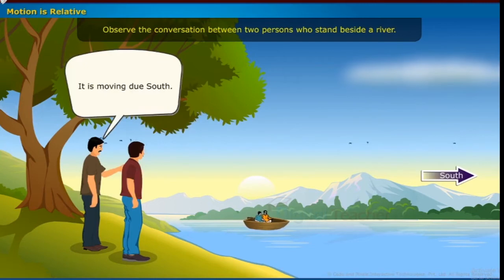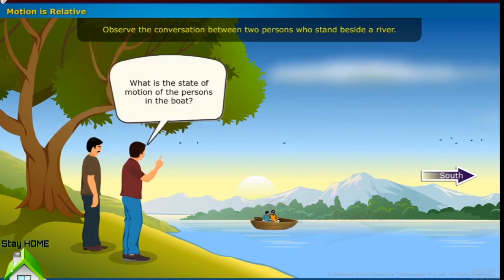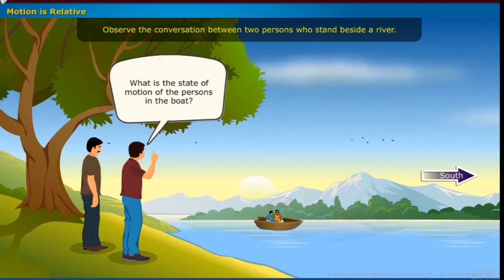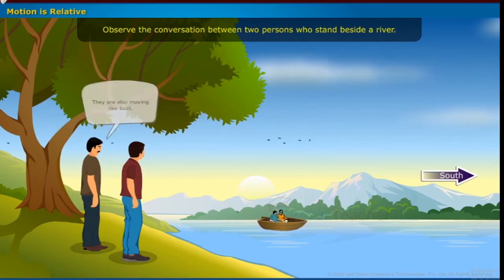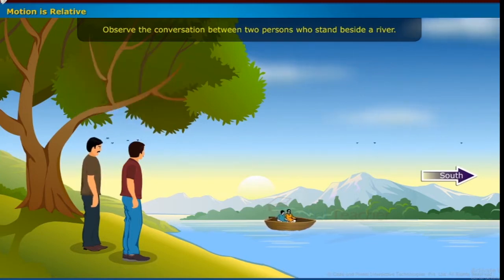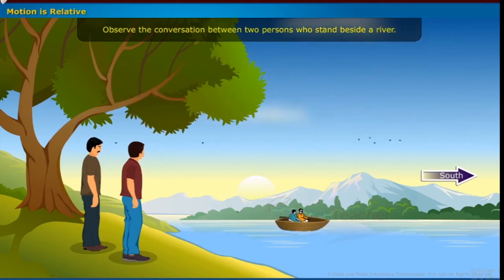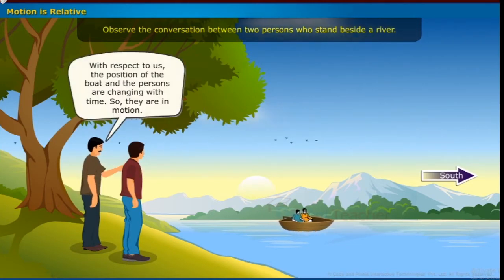It is moving due south. What is the state of motion of the persons in the boat? They are also moving like the boat. How do you decide that the boat and the persons in the boat are moving? With respect to us, the position of the boat and the persons are changing with time, so they are in motion.